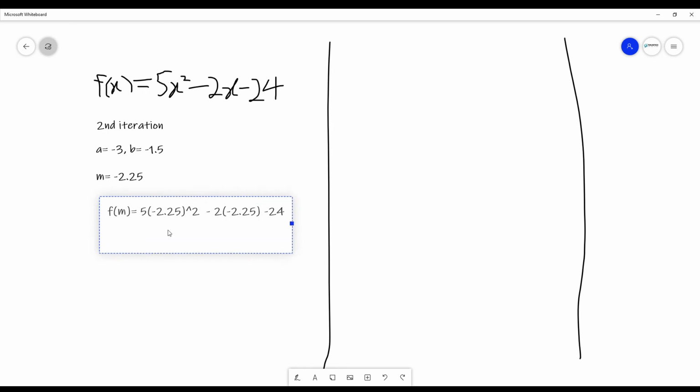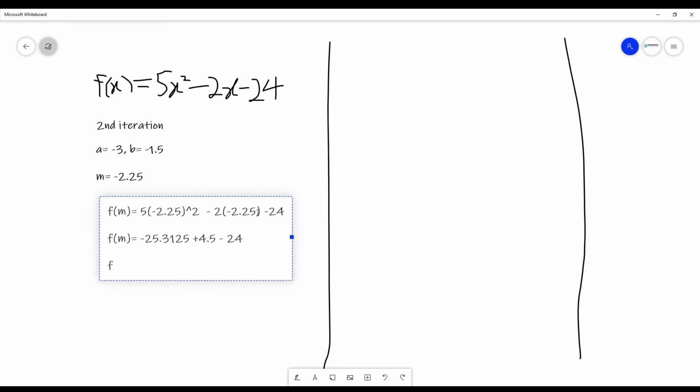So f of m is going to be minus 2.25 squared. That's 5 points, so let's multiply by 5 directly. That is going to be minus 25.3125, plus, because this is 2 times 2.25, 4.5, minus 24.